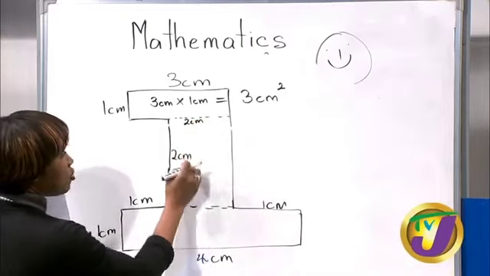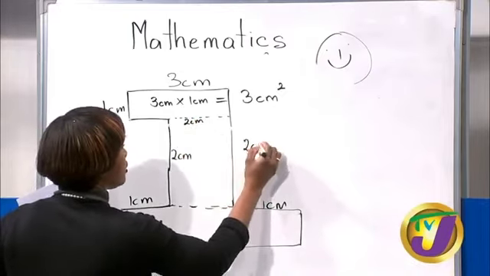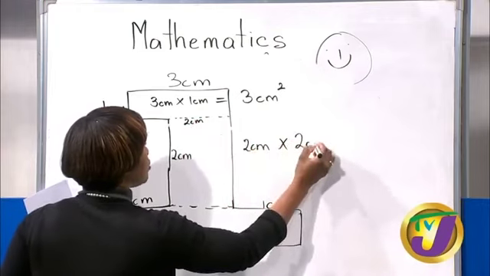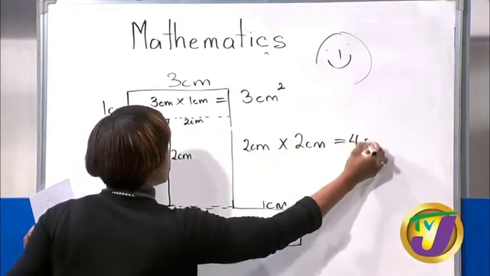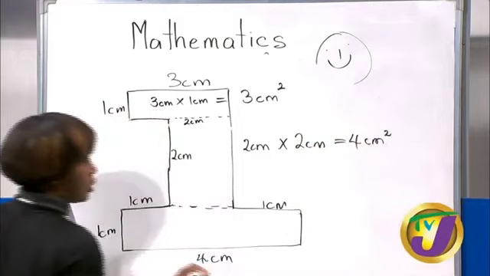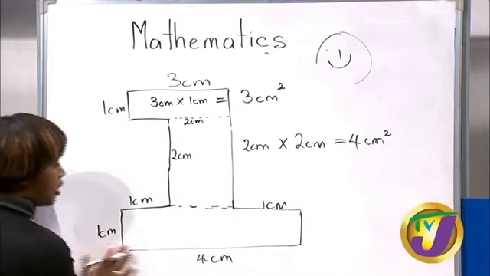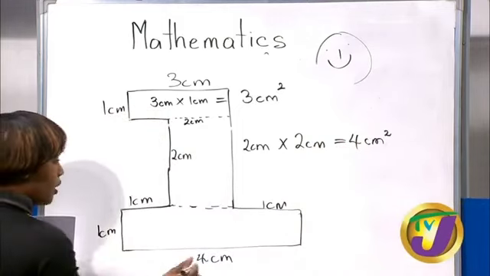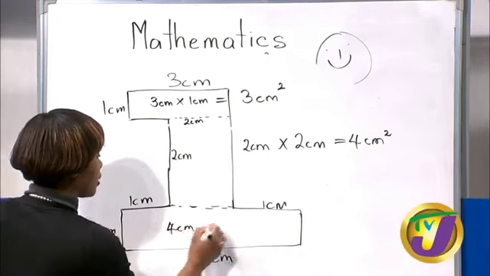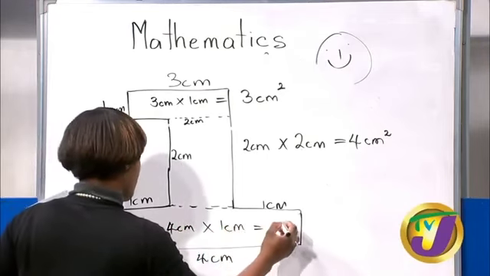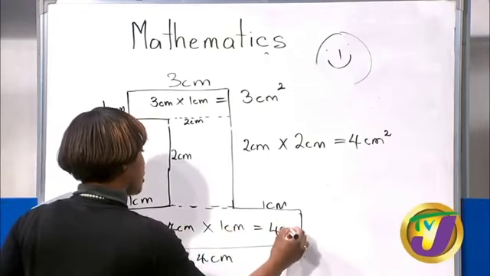This shape here is a 2 by 2, so the area would be 2 times 2, which is 4 centimeters squared. This one here is a 4 by 1, so 4 times 1 equals 4 centimeters squared.